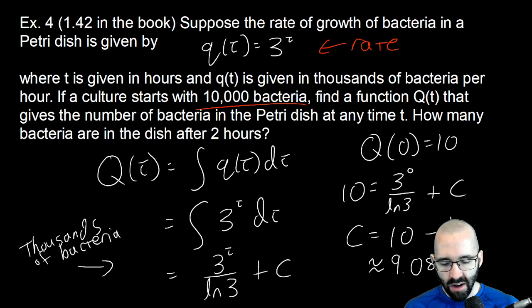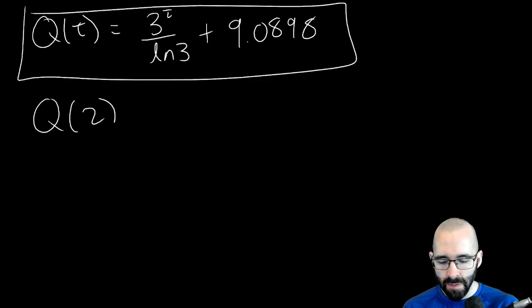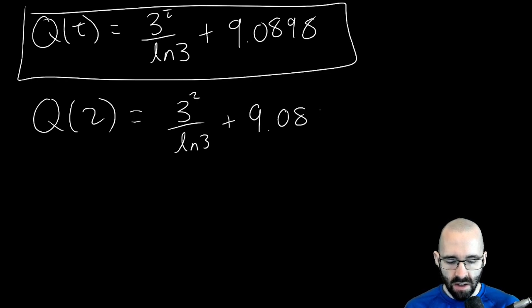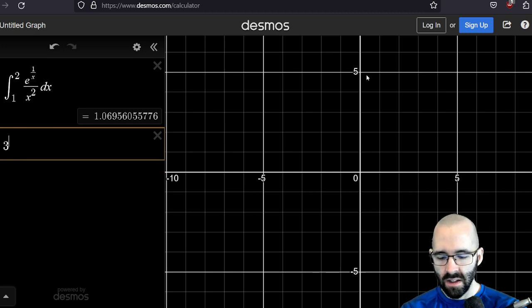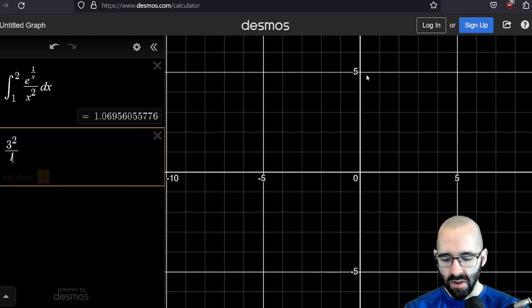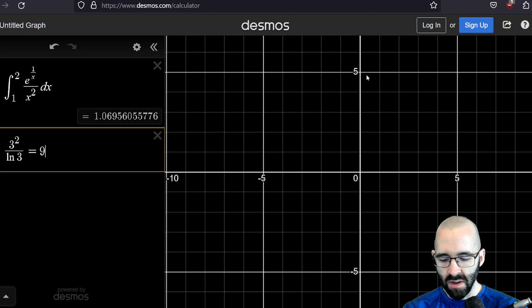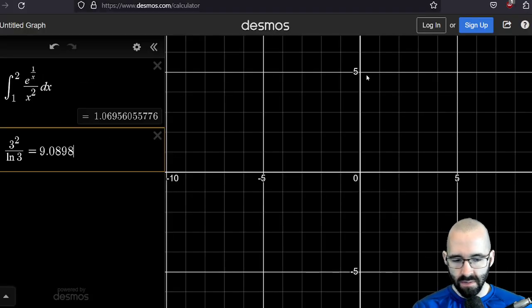And specifically, we are asked about how many bacteria are there after 2 hours. Well, that's going to be Q of 2. It's going to be 3 squared over ln 3 plus 9. Type that into a calculator. 3 squared over ln 3 plus this new number, 9.0898.